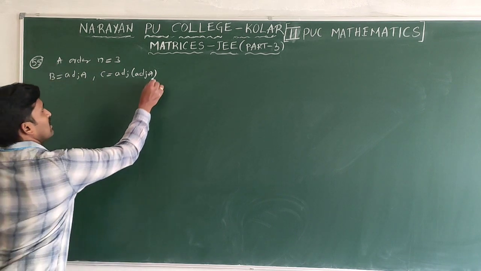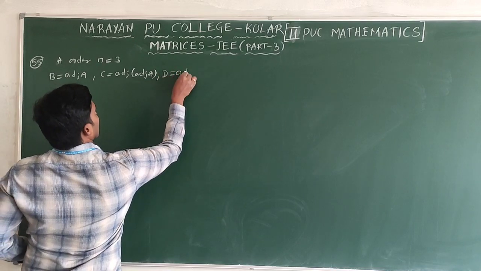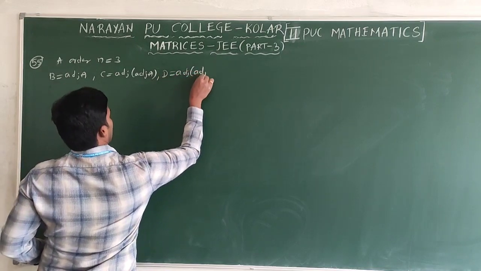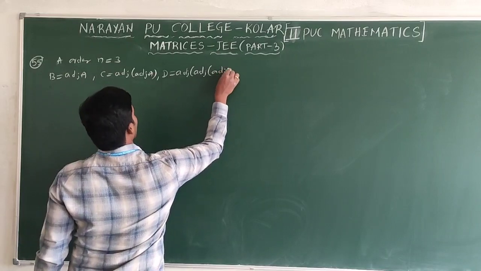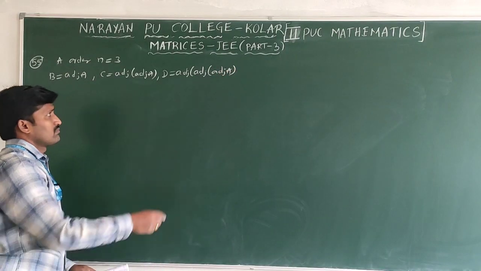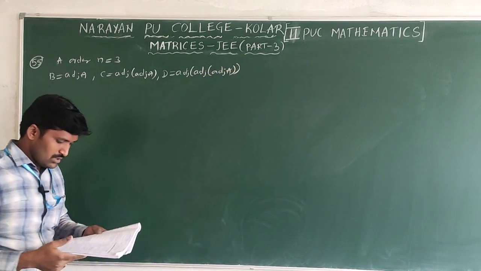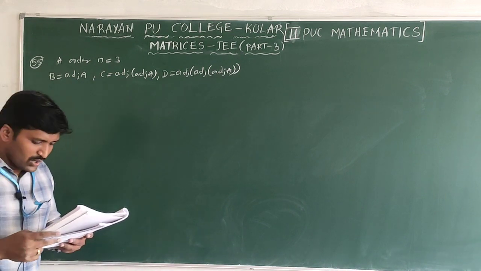Next they gave D, which is the adjoint of adjoint of adjoint A.